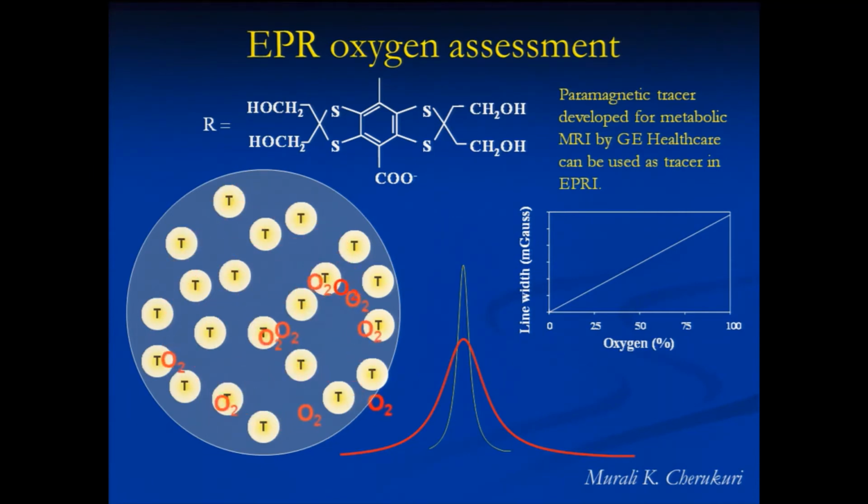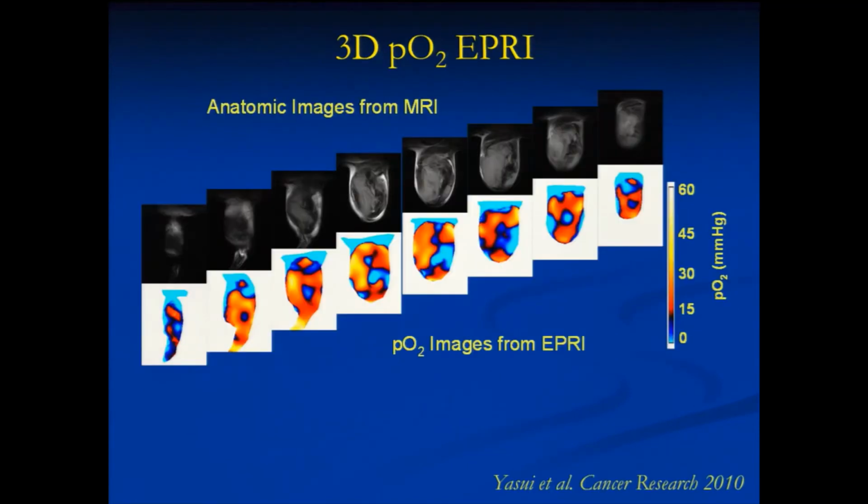So as the line width generated by the tracer broadens, it does so in proportion to oxygen levels, and very nice images are acquired sensing oxygen in real time.